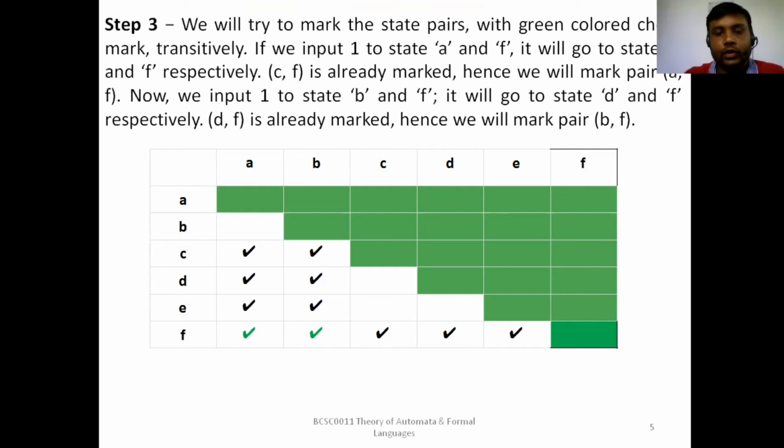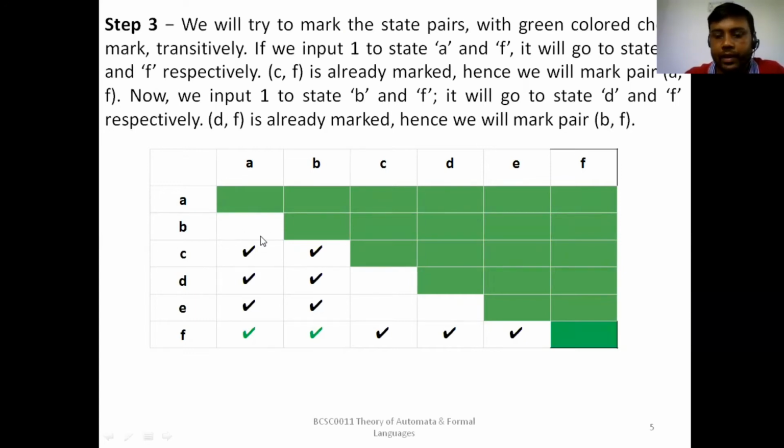So how to determine that? For this purpose, let us consider this AB, which is not marked initially. How do we determine whether it will be marked in step 3 or not? We have to look whether any input transition for this pair leads to a pair which is already marked. Let us say this pair AB.